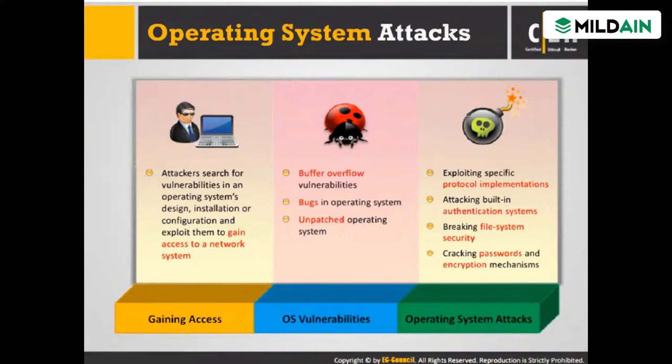They will be using either protocol implementations or attacks on the authentication systems, that is password attacks. File system security can be damaged, and finally encryption or cracking the password mechanism can be used to gain the access.